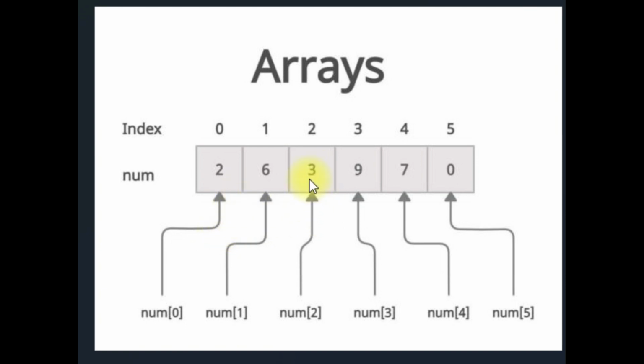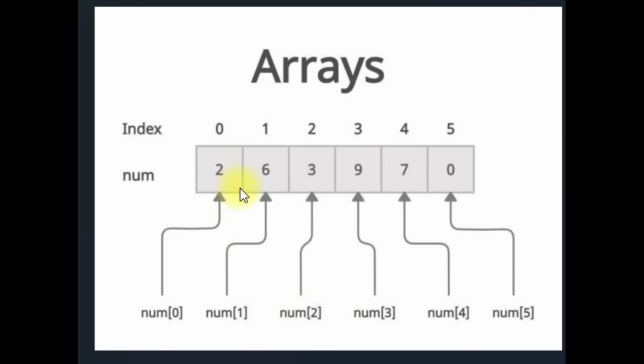For example, I want to get the number 3 here. I can get it by the index, like here. So if I want the number 3, I put the number 2 in the index, inside the brackets.